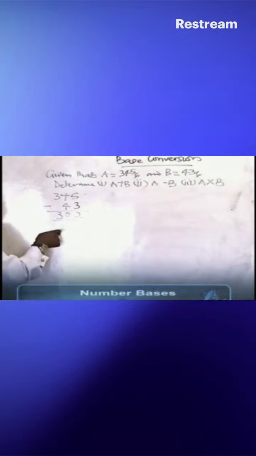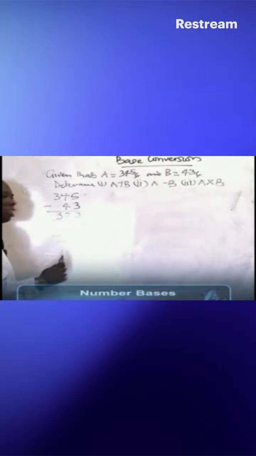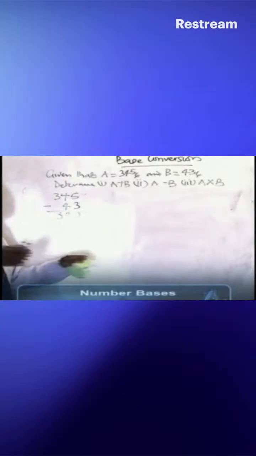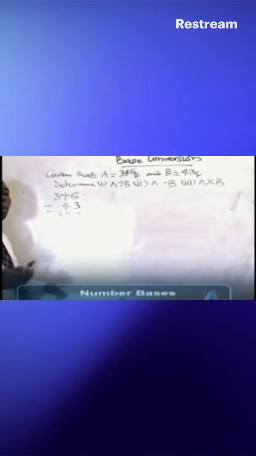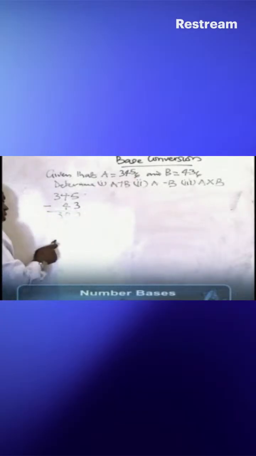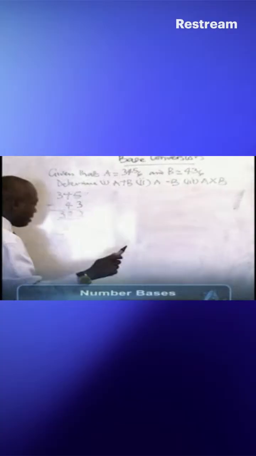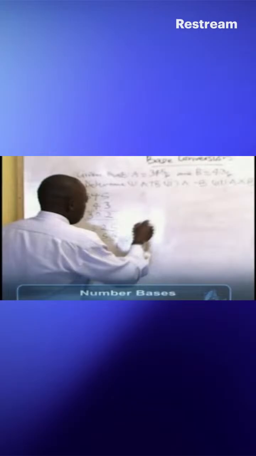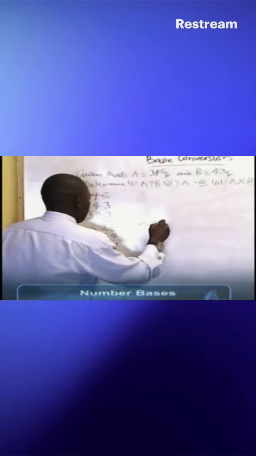But in this case you are working in base 6. So when you borrow 1 from 3, it is equal to 6. You add it to 2, it becomes 8. If you subtract 5 from 8, what you get is 3. So the answer here will be 3, and since you have already borrowed 1 from 3, you have 2 left.